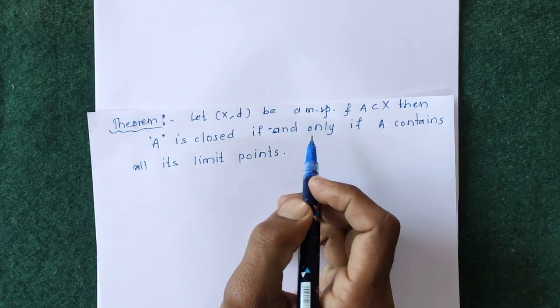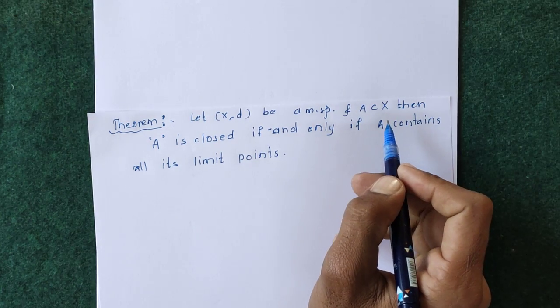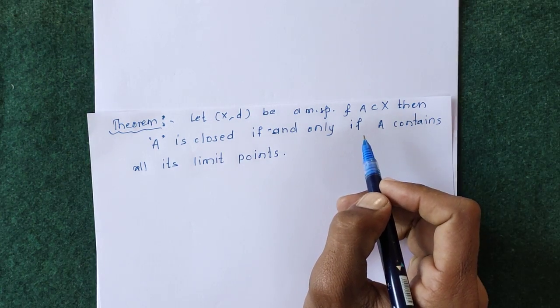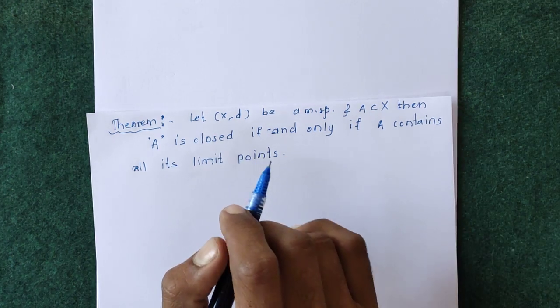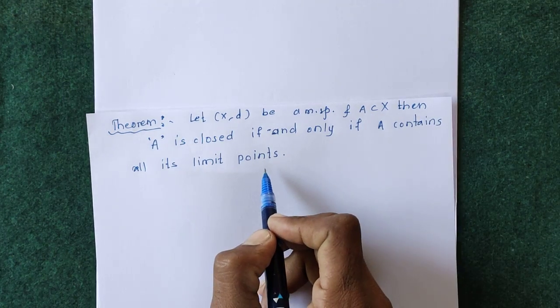Let (X, d) be a metric space, A a subset of it. Then A is closed if and only if it contains all its limit points. This is the relation between closed sets and limit points.